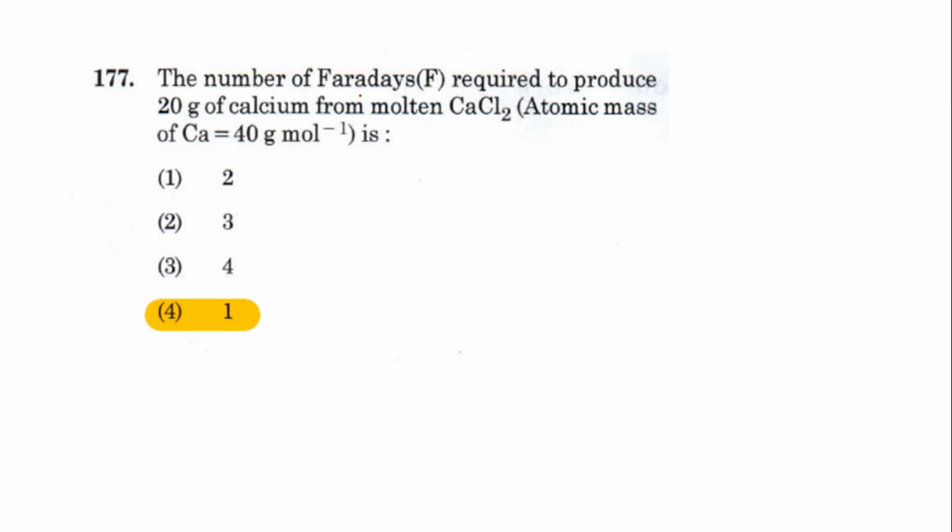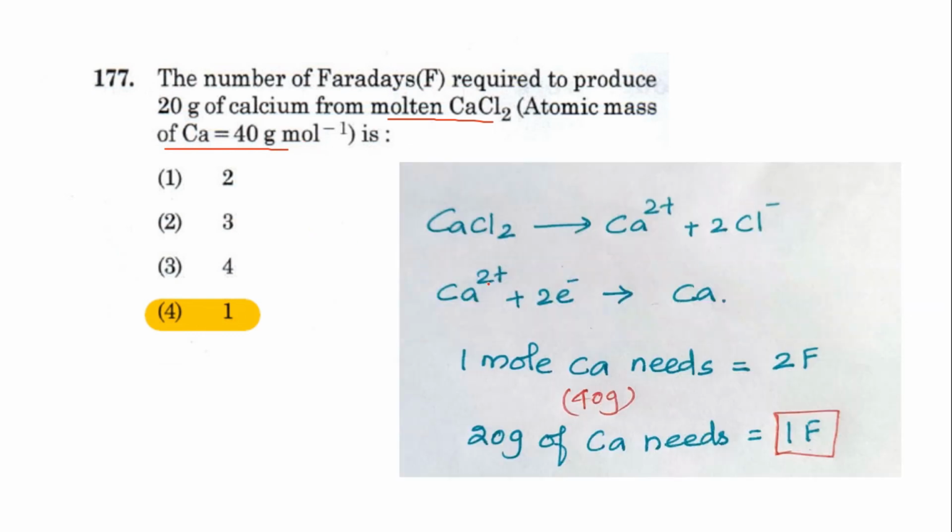Then the number of Faradays required to produce 20 gram of calcium from molten calcium chloride. The atomic mass of calcium is 40 gram mole inverse. So we have to find out how many Faradays are required for 20 gram of calcium. See here, the molten calcium chloride will split up into calcium 2 plus and 2Cl minus. So for calcium 2 plus to be converted into calcium, we need 2 electrons.